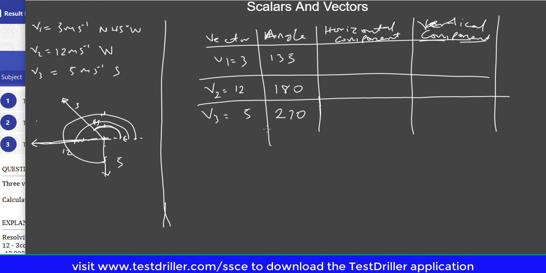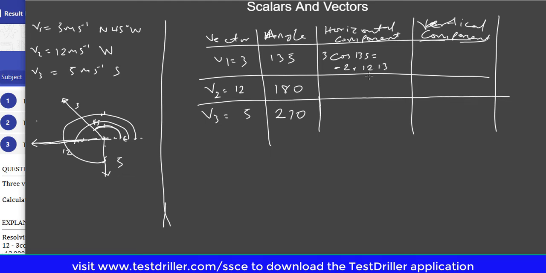So now what's the horizontal component? The horizontal component is always going to be the magnitude, which is 3, times cos of the angle, cos 135, which is equal to minus 2.1213.